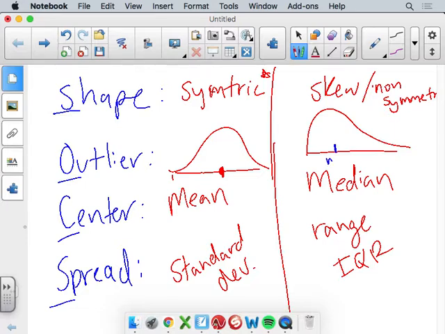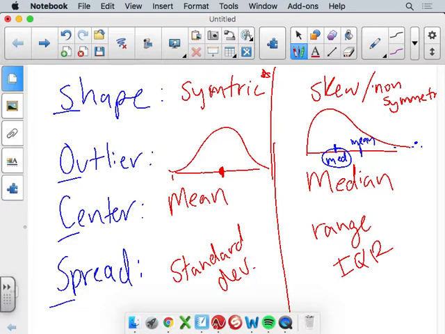Here is the median, and here would be the mean. So the median is a better representation of the middle for skewed or non-symmetric data. It more accurately gives a description of where we're at. The mean gets pulled to these high numbers over here.